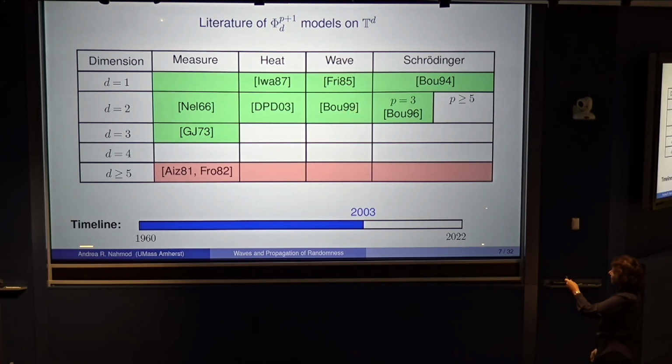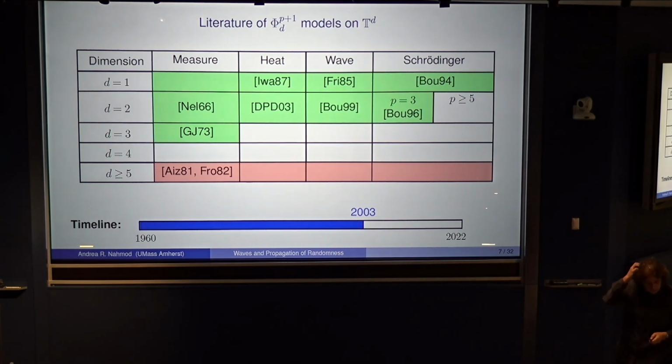Okay? And then what happened was that also in the heat world, in the diffusion world, Da Prato and Debussche in 2003 also proved that you have the invariance and the existence of global strong solutions for any p for the stochastic heat equation. Okay? And essentially, nothing happened for a long time.